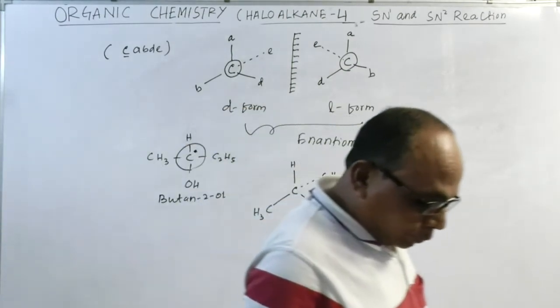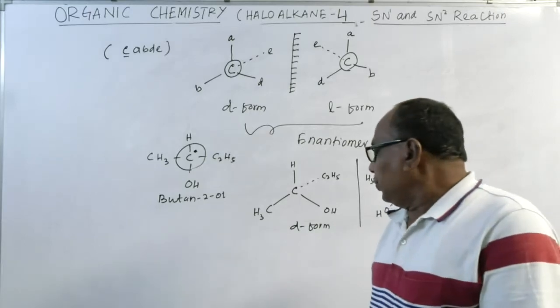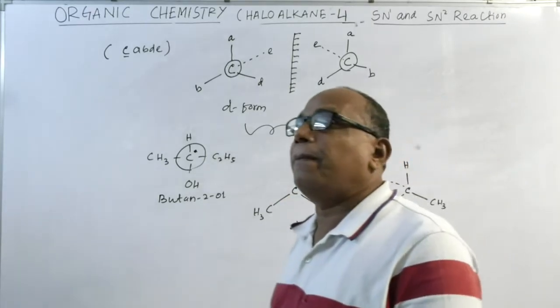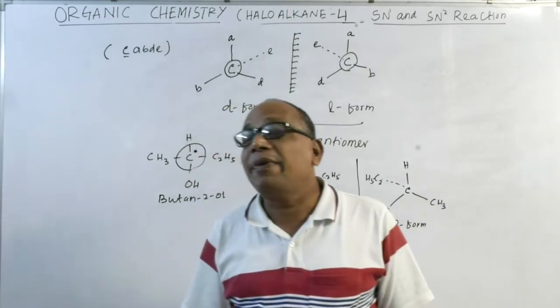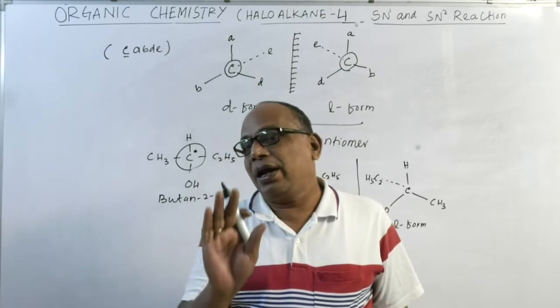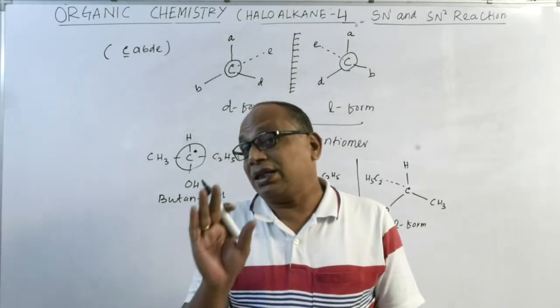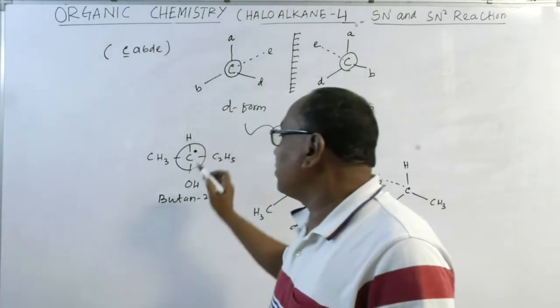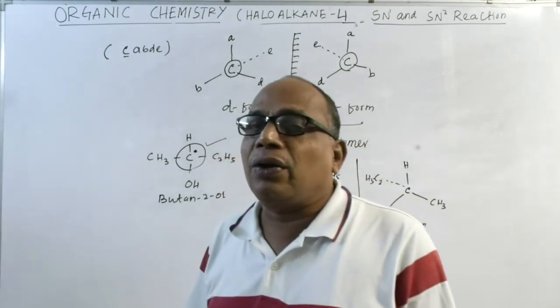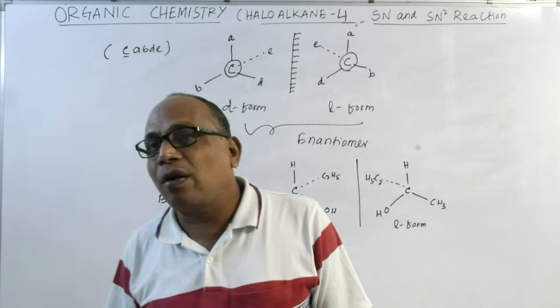So any organic compound which can exhibit optical isomerism must have at least one asymmetric carbon atom, meaning the carbon atom bonded with 4 different atoms or groups.